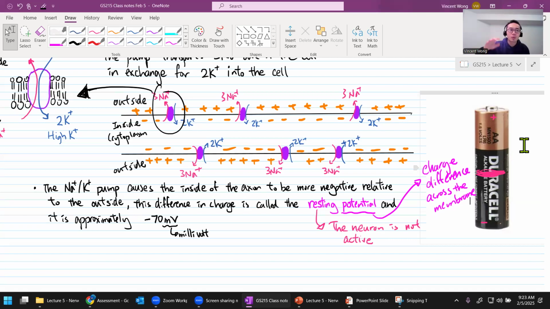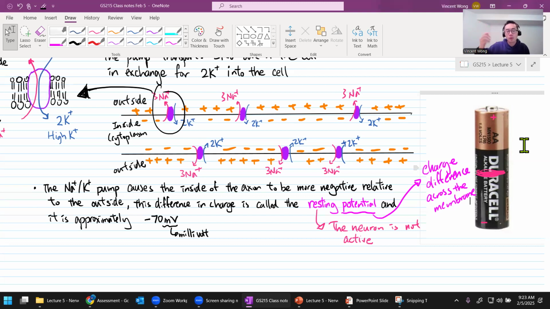That's the same thing with the word potential. The potential, as you will see, is going to be negative 70 when the neuron is not doing anything, but when it's trying to pass on signals, to communicate with other neurons, that minus 70 will change.